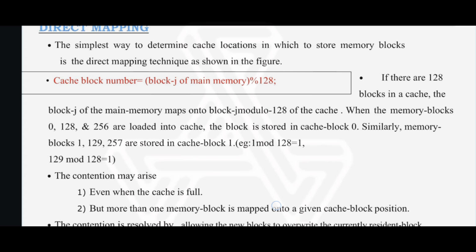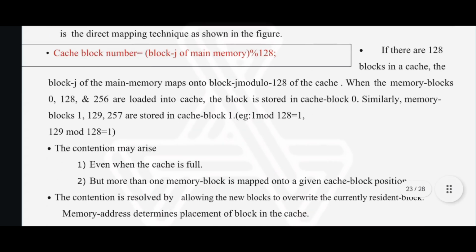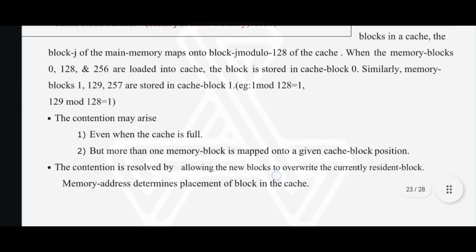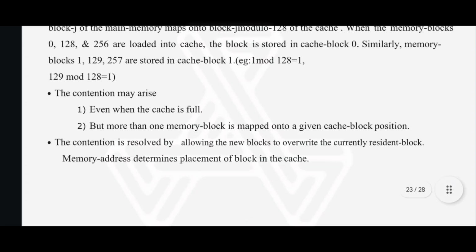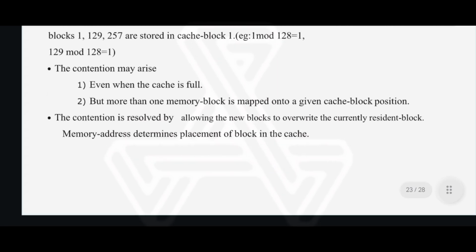When the memory blocks 0, 128 and 256 are loaded into cache, the block is stored in cache block 0. Similarly, memory block 129 is stored in cache block 1: 1 modulo 128 is 1, and 129 mod 128 is also equal to 1. The contention may arise even when the cache is not full, if more than one memory block is mapped to a given cache block position. The contention is resolved by allowing the new blocks to overwrite the currently resident block.